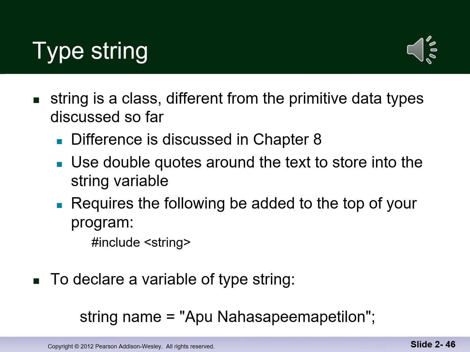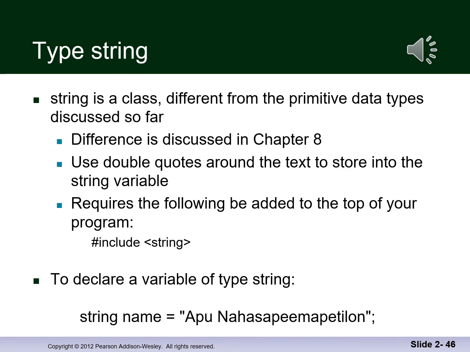We're going to briefly touch on the type string, which is a class. It's different from the primitive data types discussed so far, and we'll discuss the string class in detail later in Chapter 8. You use double quotes around a string of text to store it into the string variable.